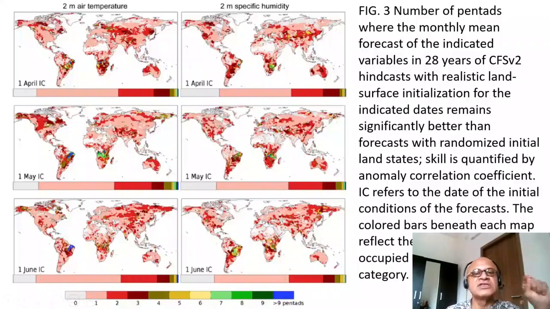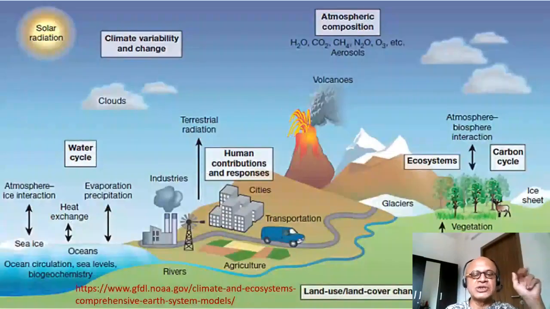And this is a positive news because the data availability is increasing, assimilation schemes are improving, land models are getting more sophisticated. So land surface model initializations actually extend predictability of quantities like air temperature and specific humidity, and presumably that extends to other predictions of precipitation and so on as well. Okay, so that's good news that land initialization does work.